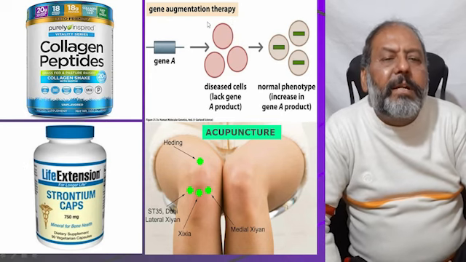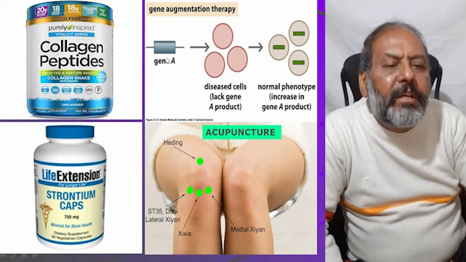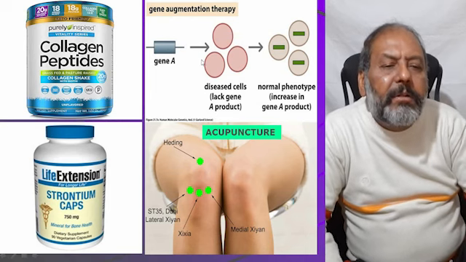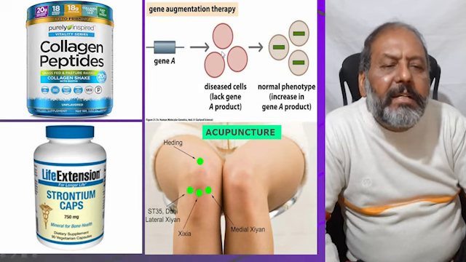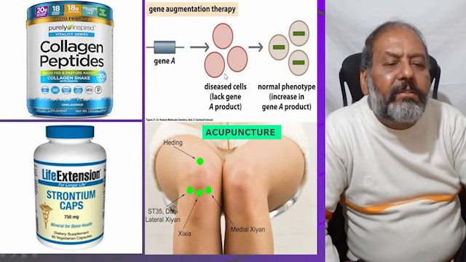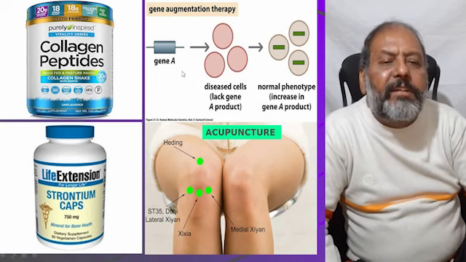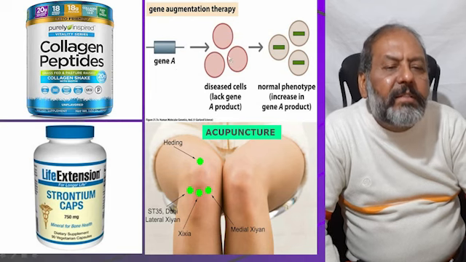In gene augmentation therapy, a gene is put into cells which do not have that gene. So these are diseased cells that lack a gene A product, and it is being inserted in these cells.